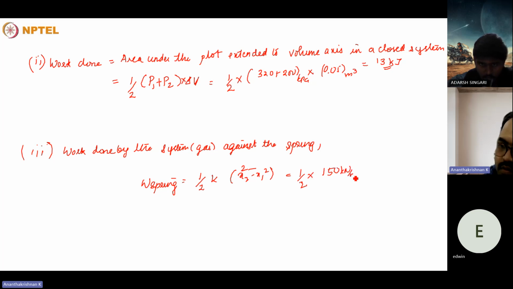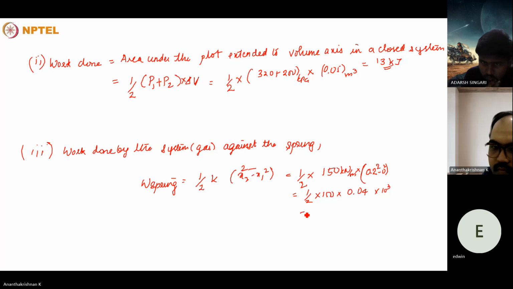We know everything, so initially the spring just touches the gas, such that it is not having any compression at all. So initially the length will be 0. The final length of the compression will be equal to 0.2. So 0.2 squared minus 0 squared, that will be equal to 0.04, which gives us 3 kilojoules.